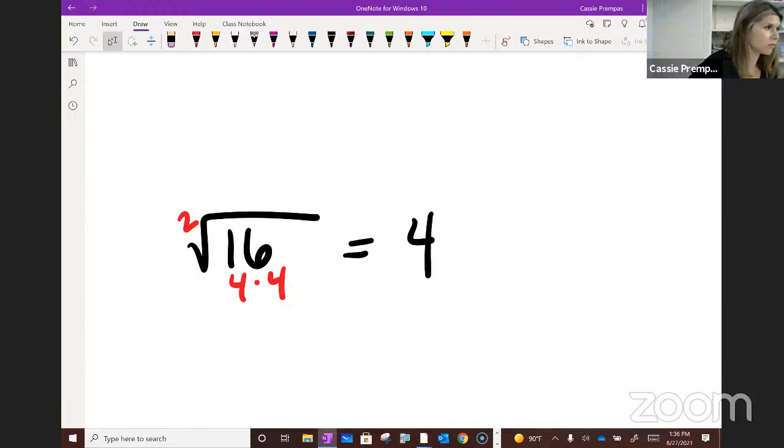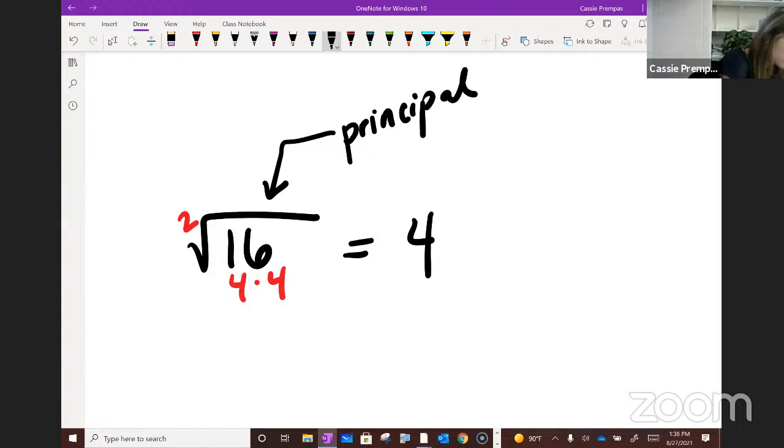The answer is +4. Why is it +4 when you know that -4 times -4 is still 16? The reason it's +4 is because if you're given a black printed radical sign, it's understood to be the principal root. Go ahead and write that. This radical sign is called the principal root. Have you guys heard that word before?